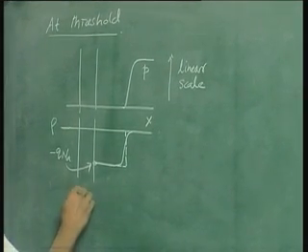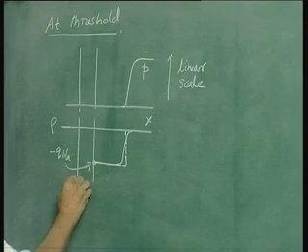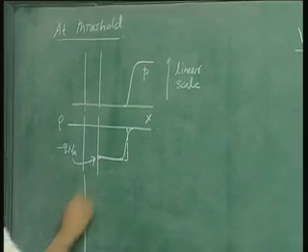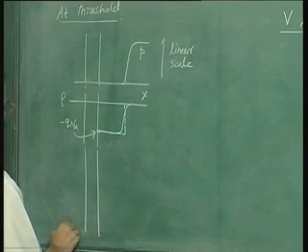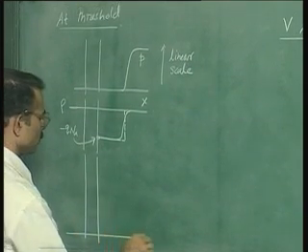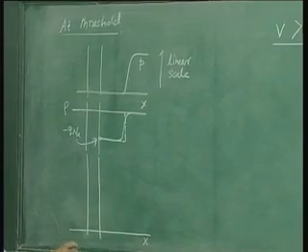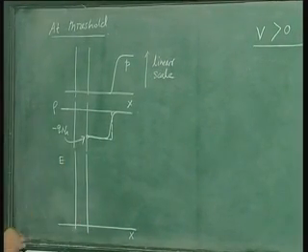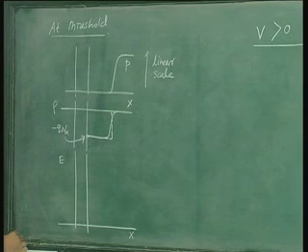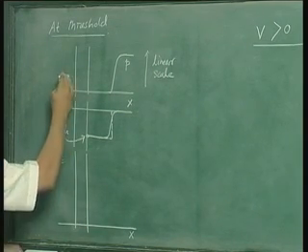So based on this, now we can sketch the electric field. The electric field is on the positive axis because electric field is positive from left to right.